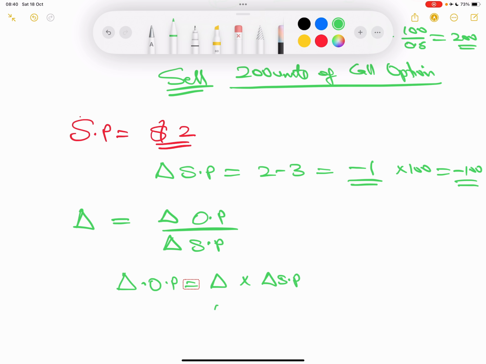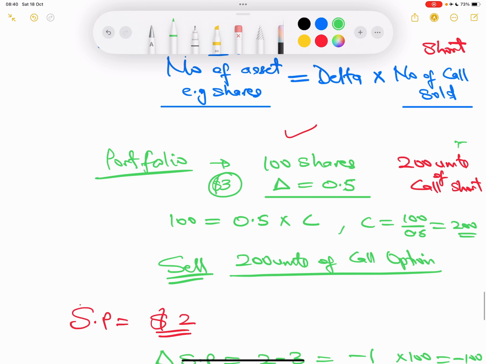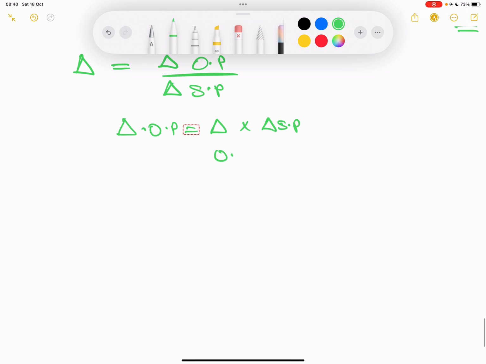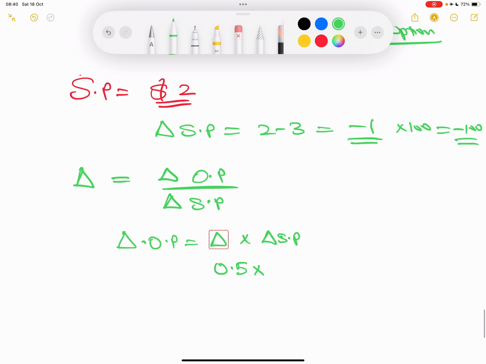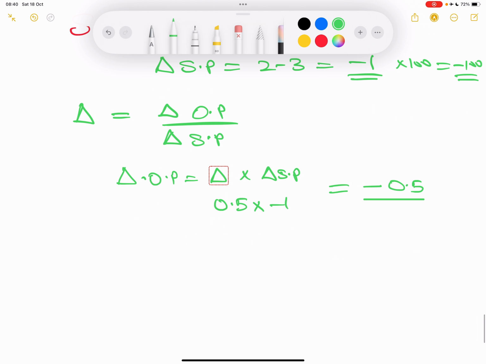We said delta is 0.5, so that's 0.5 times the change in selling price. The change in selling price is minus 1, so our change in option value is equal to minus 0.5.